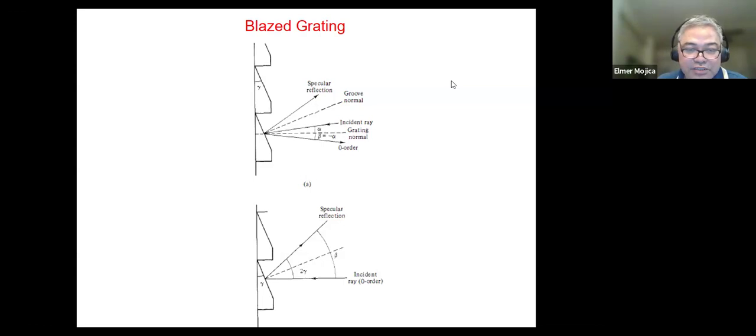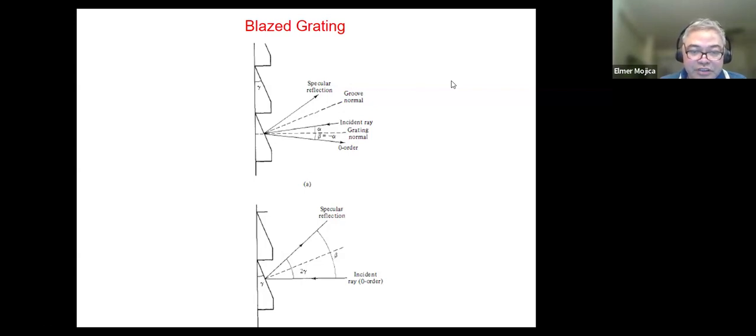If we have this blaze grating, these are usually designed to maximize the efficiency of diffraction for a particular wavelength or a narrow range of wavelengths. And they achieve this by precisely shaping the grooves on the grating surface to concentrate most of the diffracted light into a specific order, often the first or highest order.